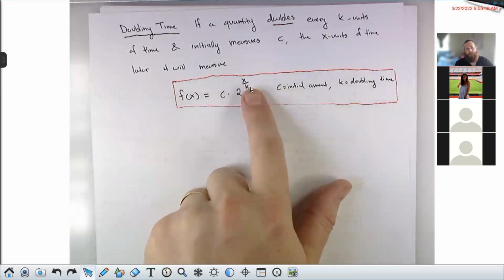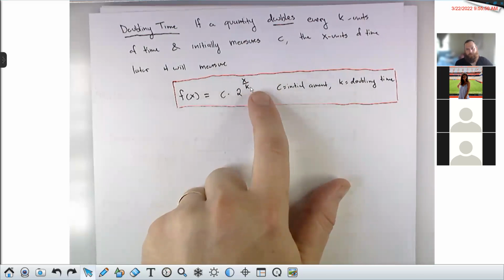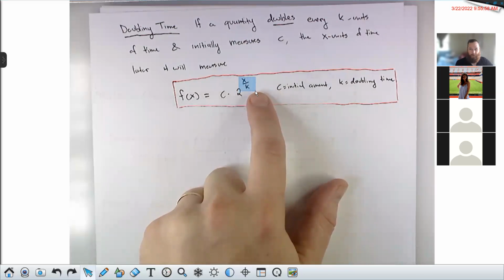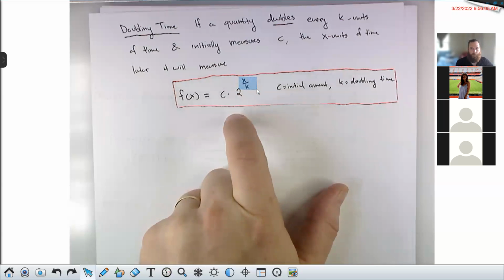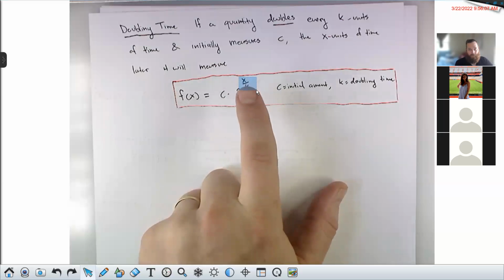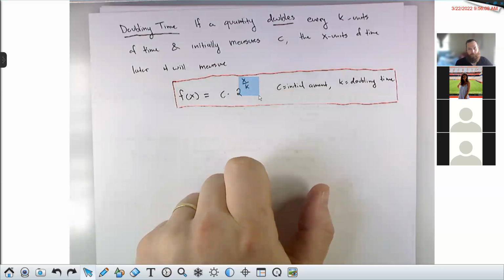If I have this x over k instead, then in order to multiply by 2, I need this power to go up by 1. And in order to get x over k to go up by 1, it's not enough to make x go up by 1. You need to make x go up by k, right? If x is equal to k, then this power is 1.